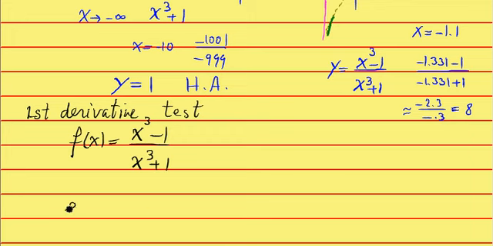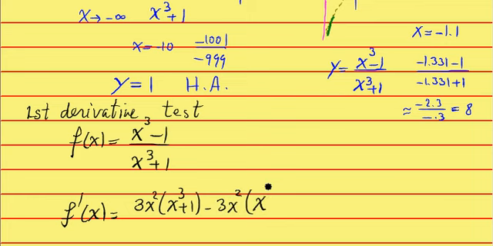So f prime is the derivative of the numerator, 3x squared, times the denominator, minus the derivative of the denominator, which is the same thing, times the numerator, over the denominator squared.